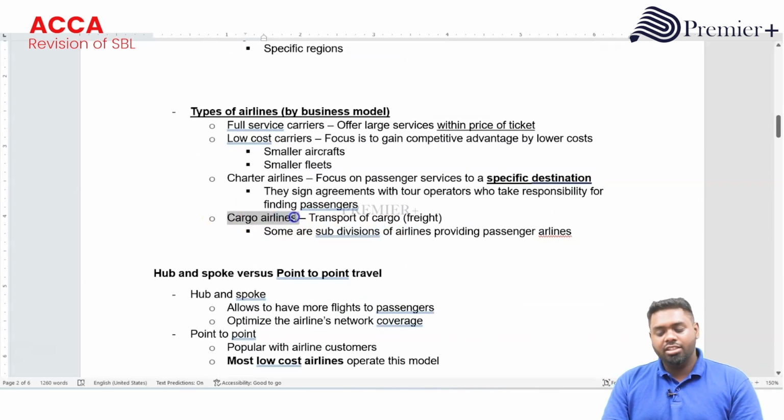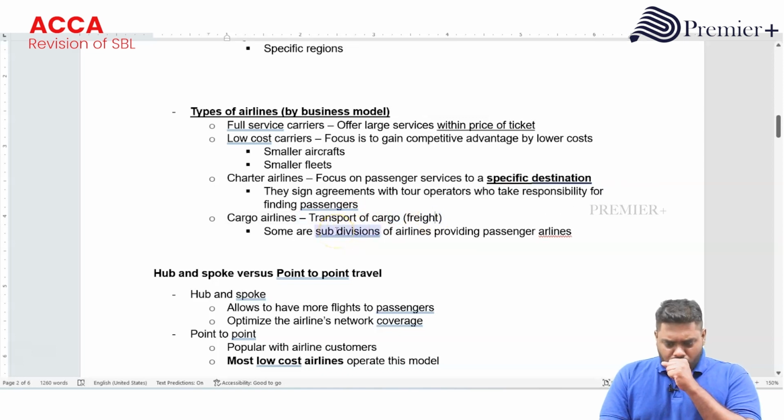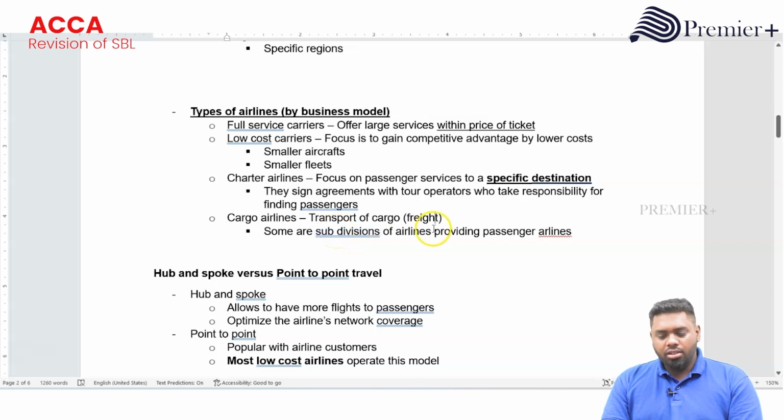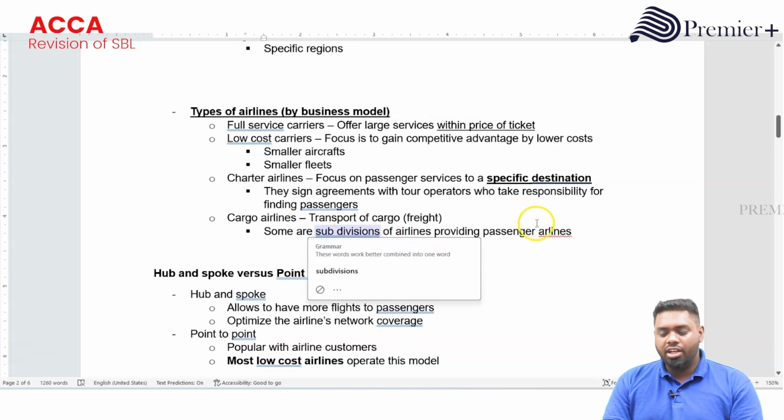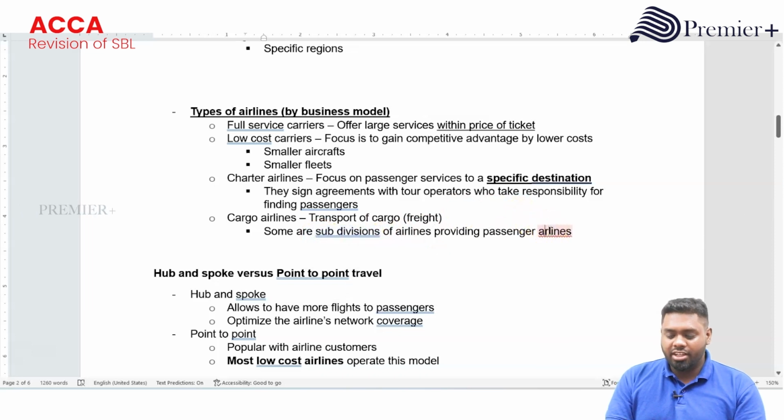Next, cargo airlines, as the term says, are airlines whose purpose is typically to transport cargo. We call this freight as well. So typically cargo airlines are subdivisions of airlines providing passenger airline services.